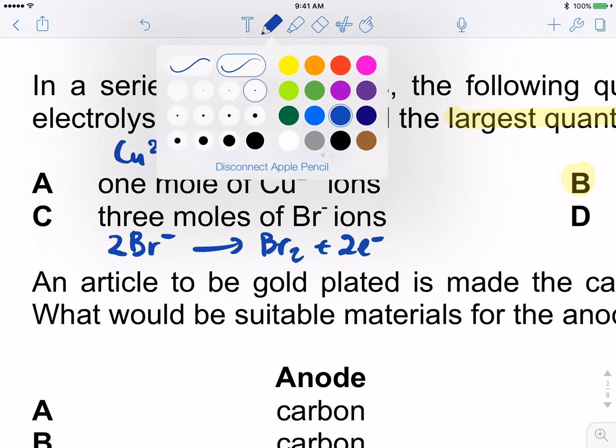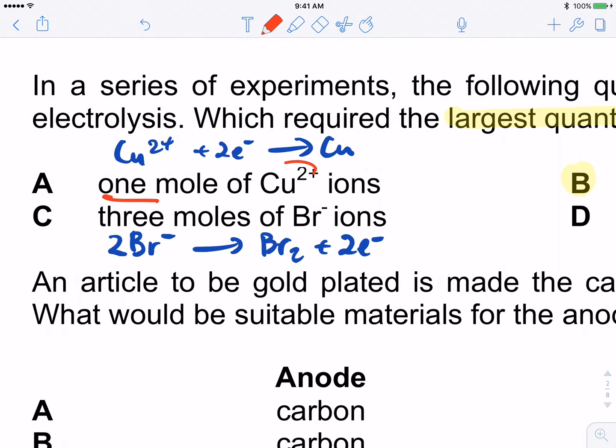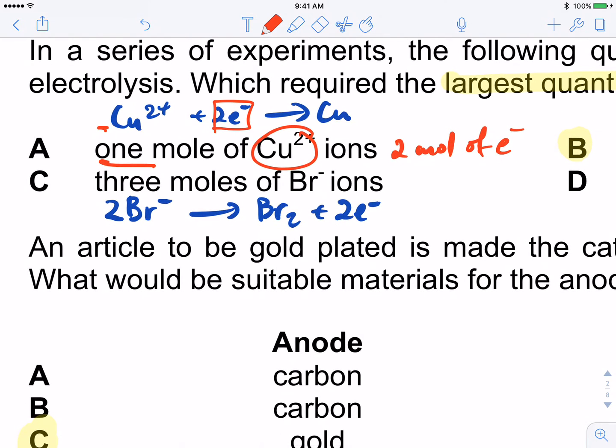A says 1 mole of Cu2+ ions. With 1 mole of Cu2+ ions, we have 2 moles of electrons used. For option C, 3 moles of bromide ions. Here the ratio is 2:2, so if I have 3 moles of bromide ions, I should have 3 moles of electrons as well.